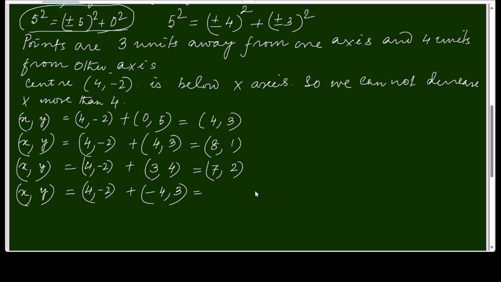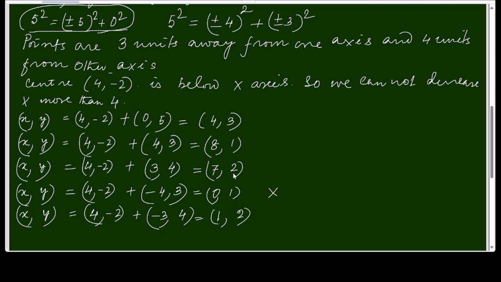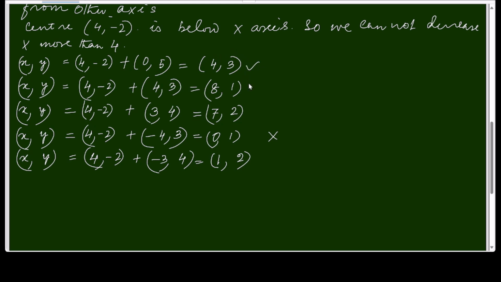So it will be discarded. Then 4 comma minus 2, can I take negative 3 comma 4? Yes, both are positive. Then it is 1 comma 2. So I am getting 4 sets of values, 1, 2, 3, 4. I cannot take negative 3, negative 4. So these are the solutions.